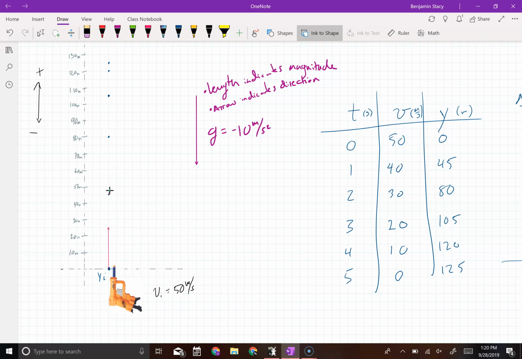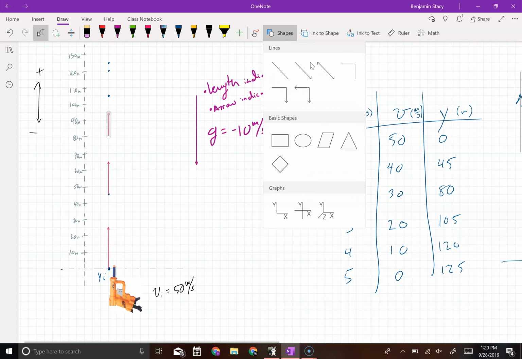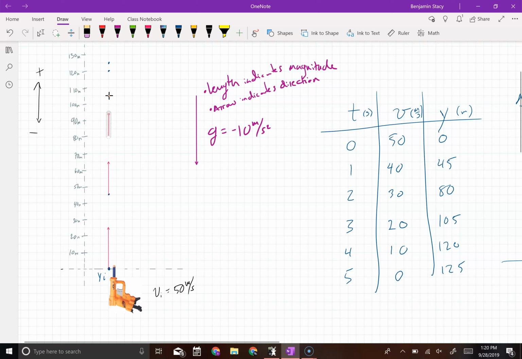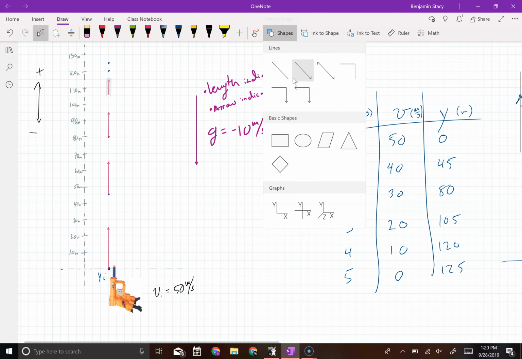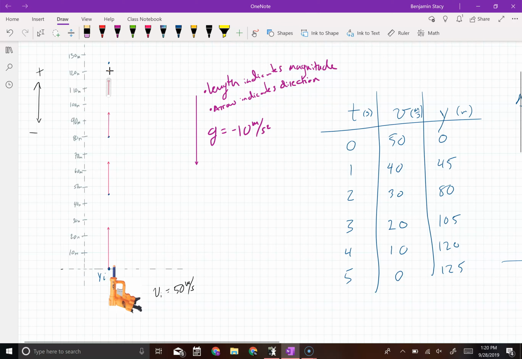So at the next second, we have an upward velocity, positive, 40. 1, 2, 3, 4. And then we have 30, 20, and 10, and 0. So here's 3 for 30, 20. The direction of the arrow matters, tells me the direction it's moving, and the length matters, it shows me the amount.